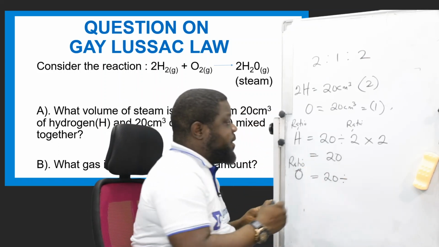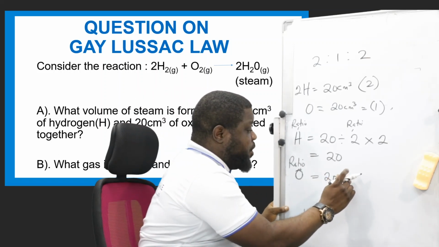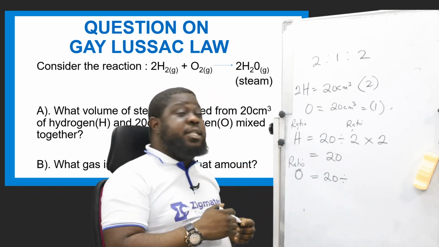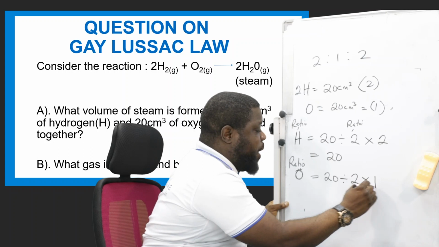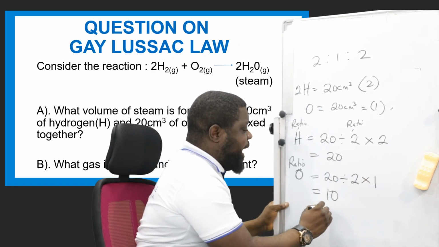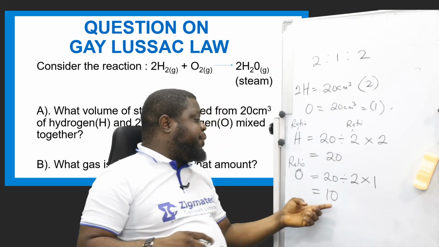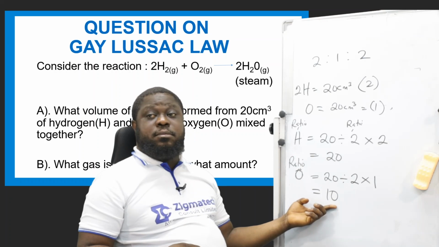Divided by 1 times the subscript, which is what? 2. Okay, the ratio is 20 divided by the subscript, 2, times the molecule, which is 1. So 20 divided by 2 is 10. 10 times 1 is 10. So we've gotten the ratio of oxygen, which is 10.